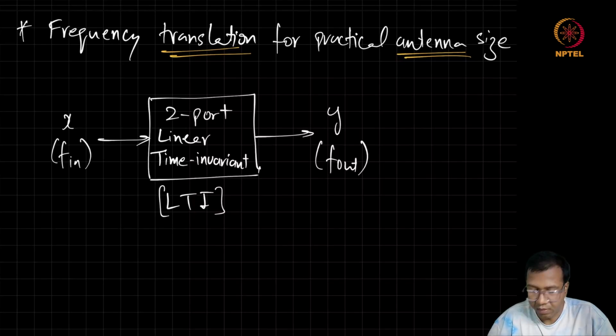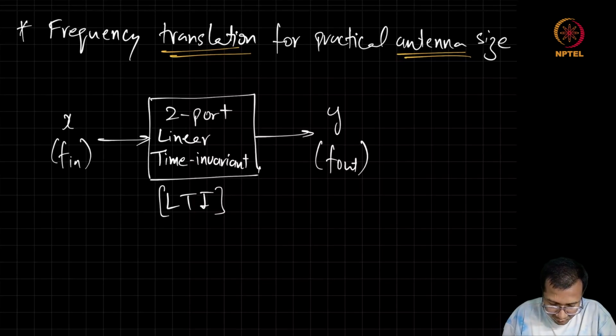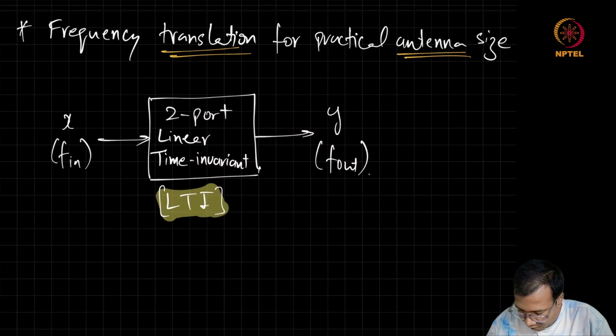let's say its frequency F out, it turns out that if it is going to be an LTI system, then F out has to be equal to F in.